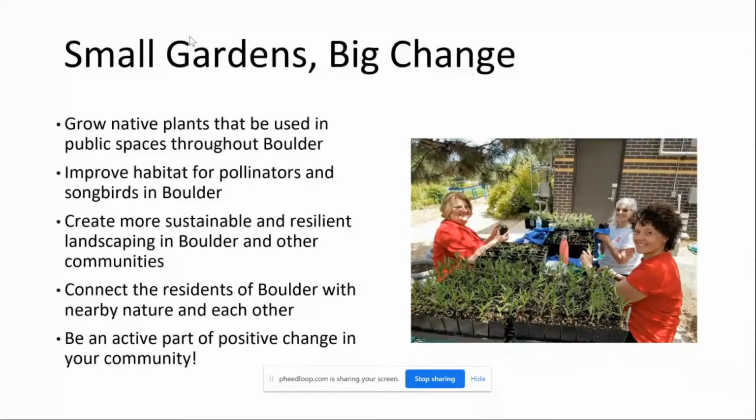These folks took care of these seedlings for 2 months and raised them up. They generated over 1,000 native plants for these pollinator habitat projects in Boulder. So even being shut up in your little apartment, you can still help pollinators.